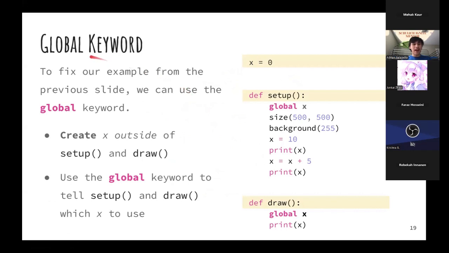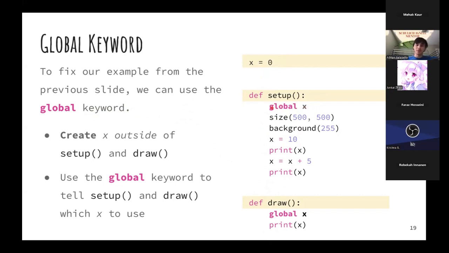So how do you circumvent this? Well, if we defined a global variable, a variable on the outside of the function, in this case x equals 0, you see how x is outside setup and draw. If we want to use it inside setup and draw, all we have to do is use global x.